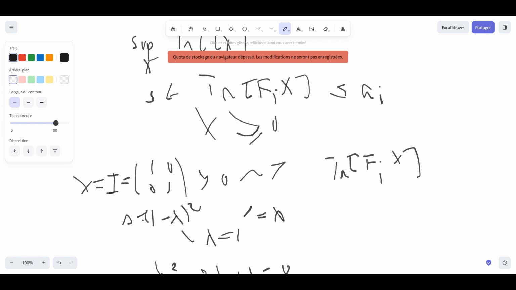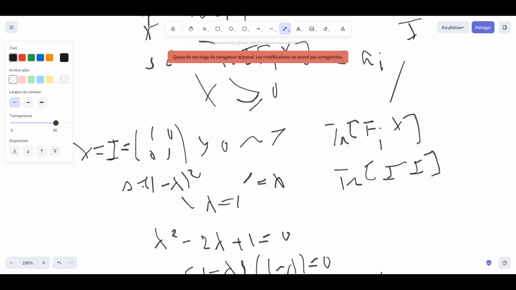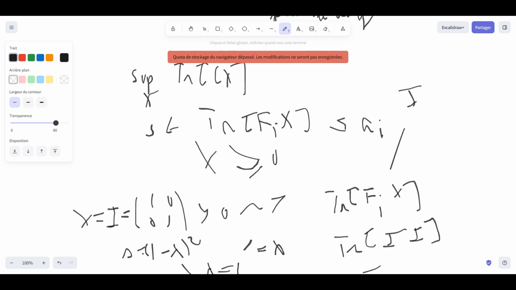You fix, for example, F_i equal identity 2, so you just have the trace of I multiplied by I. I squared is I, and you fix a.